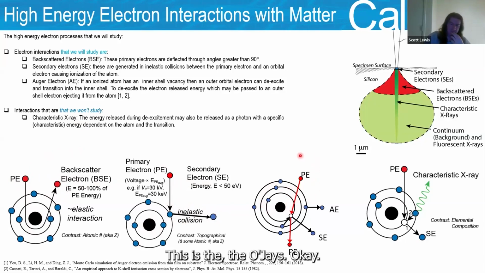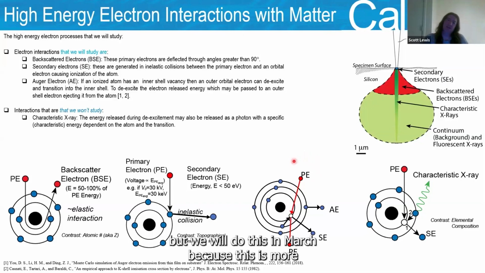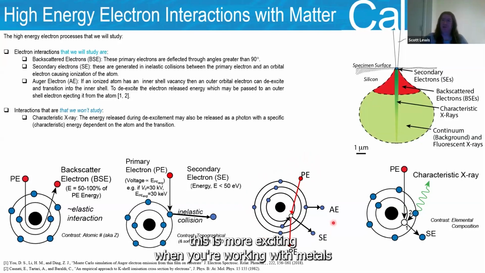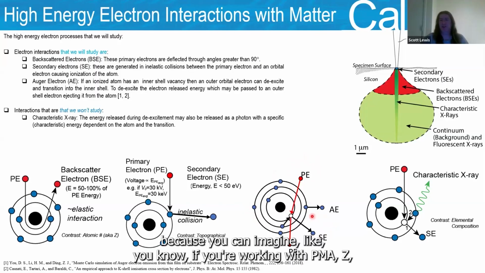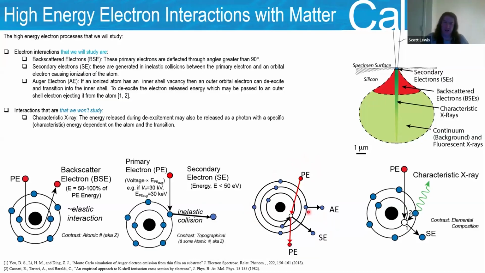This is the Augers. Okay, so we will talk about Augers, but not in this session because I'm not going to have the time to do that today. But we will do this in March because this is more exciting when you're working with metals, because you can imagine, if you're working with PMMA, ZEP, I mean, ZEP's got chlorine, but it's not that interesting.